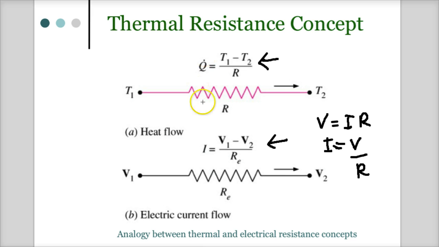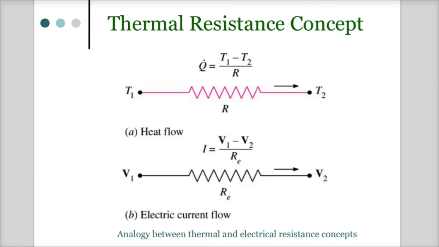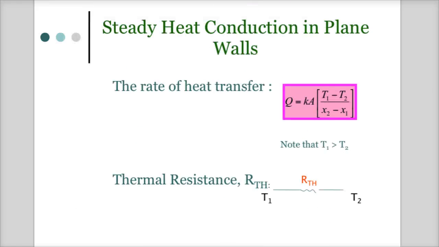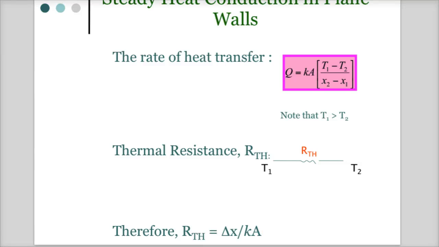Current I is equal to Q, the heat flow, and current is electron flow, isn't it? So R is the resistance, relatively similar to resistance for electrical current flow. Let's go back to the top, and this is for the plane wall.